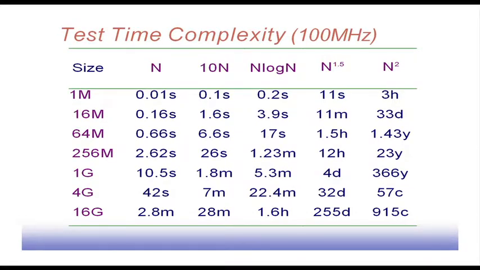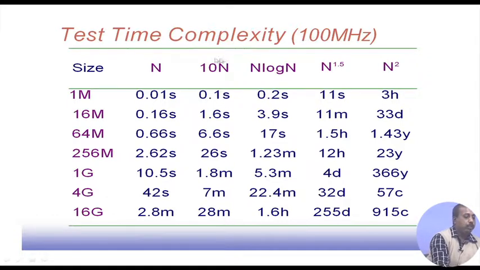If we look into the complexities of the test pattern, the size of the memory may be 1 mega, 16 mega, 64 mega, up to say 16 gigabit. Suppose I have a generated test policy that can test the memory in linear time, and the test runs at 100 megahertz.